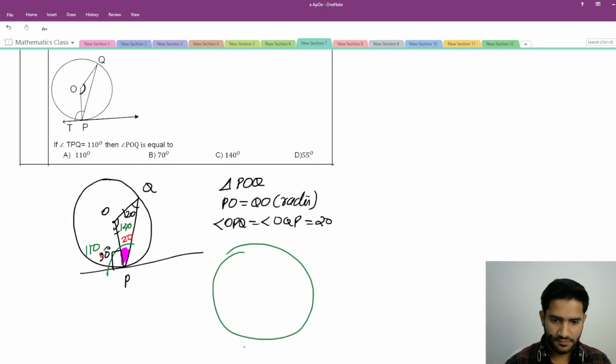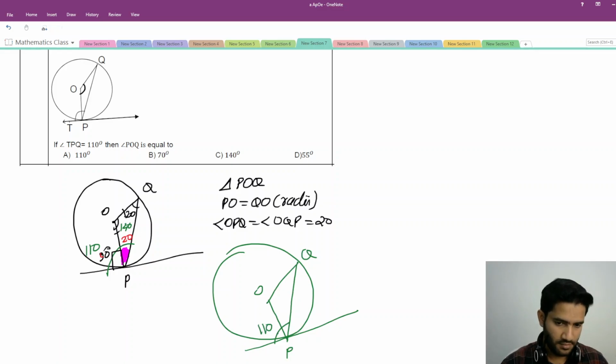In another method, we have a circle, a tangent, a radius, a chord and another chord, PQO. This angle is 110, sorry.